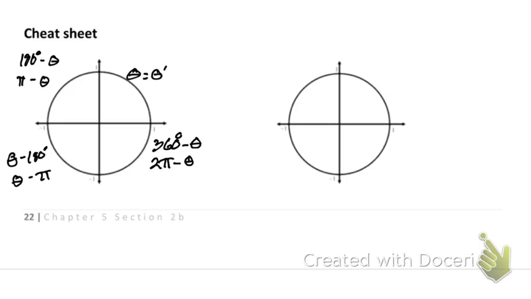All right, this other cheat sheet is I'm going to talk about radians. How do I know what quadrant radians are in without having to draw out the whole thing and figure out if it's between something? Well, it's really easy with these key angles that we use. I already talked about one of them, and that is if your numerator is 1, you are in the first quadrant.